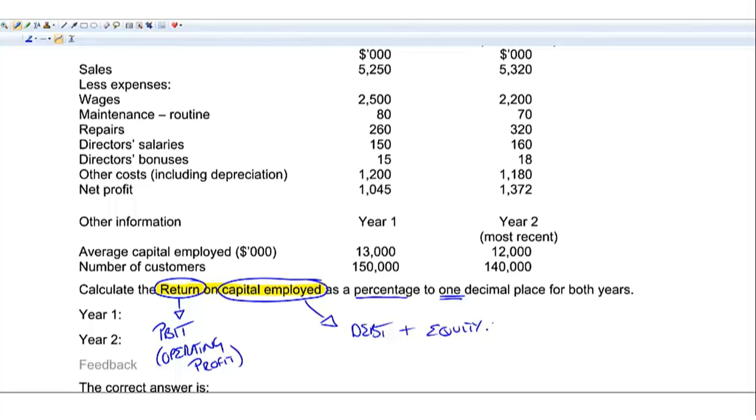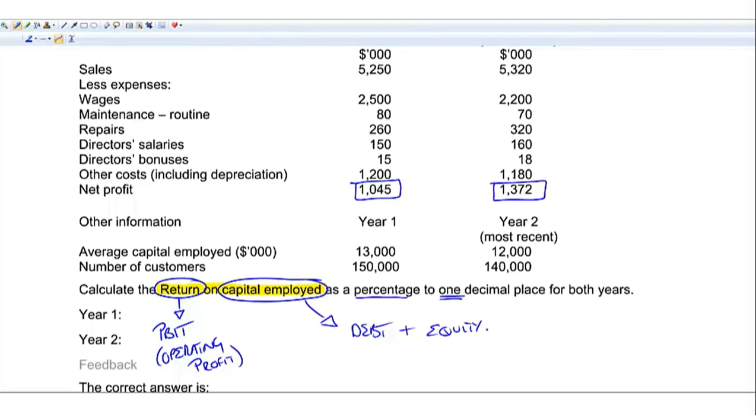Let's apply it to question 43. We're given a company's results for the last 2 years. We're given year 1 and year 2, and we're asked to calculate ROCE for both years. If we read down the extract from their income statement, we have sales and a list of different expenses. Bearing in mind that we want operating profit, or our profit before interest and tax, we want to use the net profit figure down here.